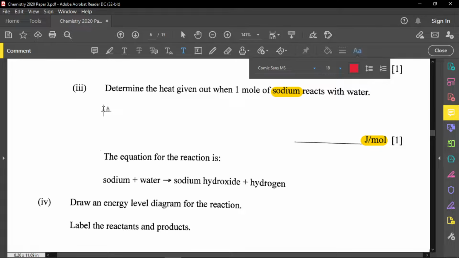So moles equal the mass given, 0.0115, divided by 23, the atomic mass of sodium, and that gives us 0.0005. That is the moles of sodium.